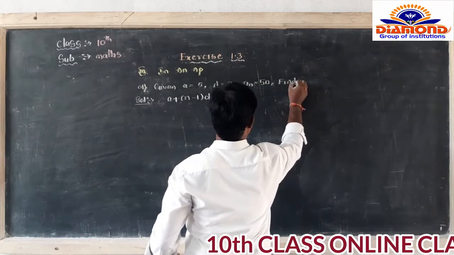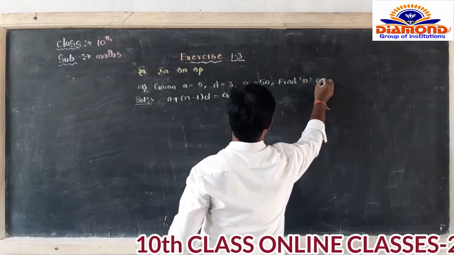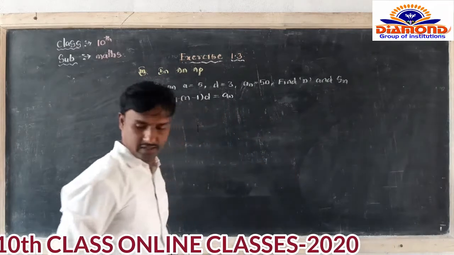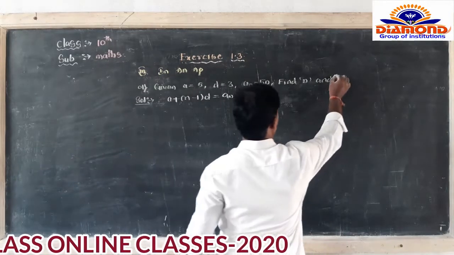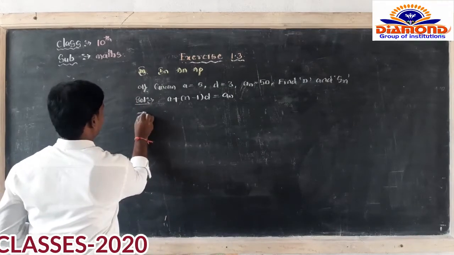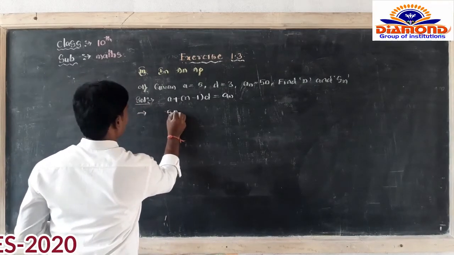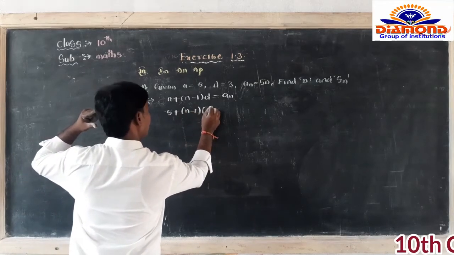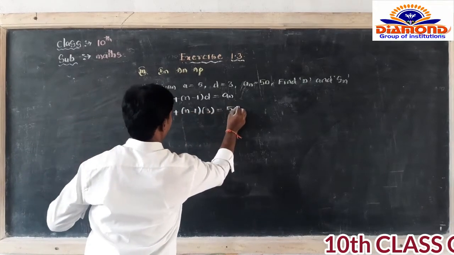Find n and Sn, this is the question. Okay, find the n and Sn. ये दोनों भी हमको फाइंड करने का है. So that's why here, dear students, a value substitute 5 plus n we are finding, one common difference is 3 and an is equal to 50 is there.